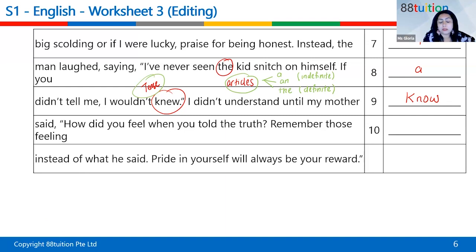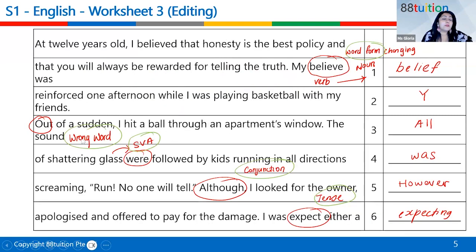What is going to be constant? Like the tenses? The error types are going to be the same. So when your teacher gives another exercise, it will be a different passage, a different answer, but it will still be a tense error. It will still be an article error. It will still be a wrong word error. It will still be a conjunction error. So how do you ace this component of editing? If you learn the error types.